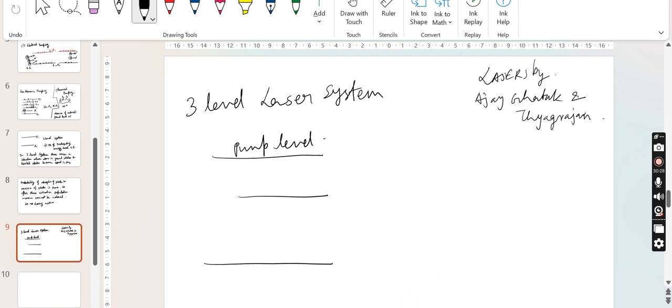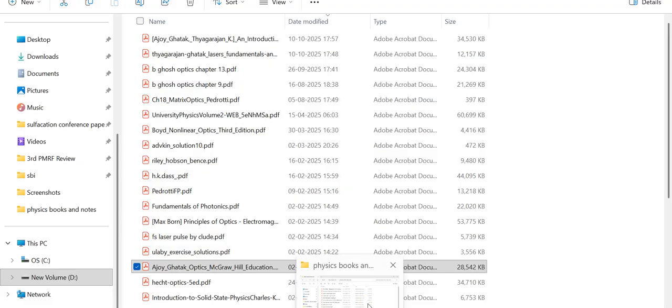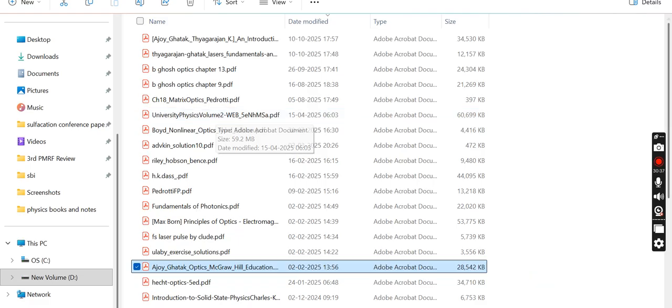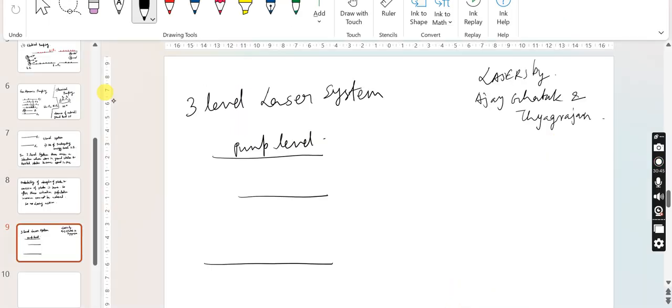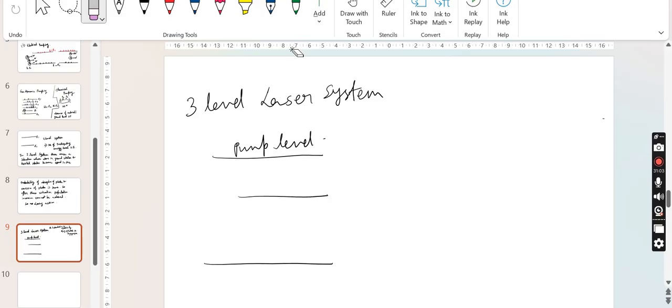This is an introduction to the levels, in chapter 5, I guess.